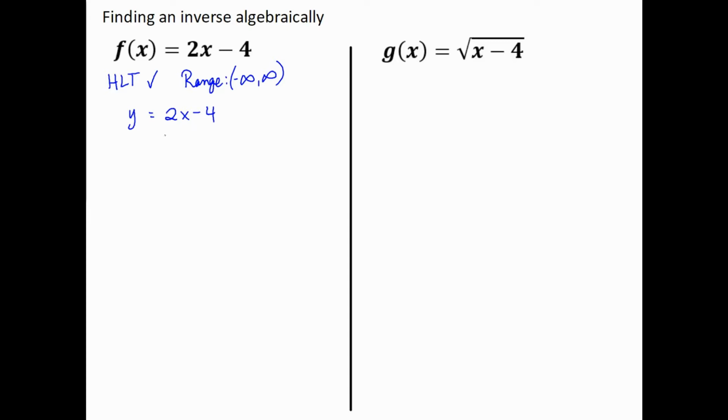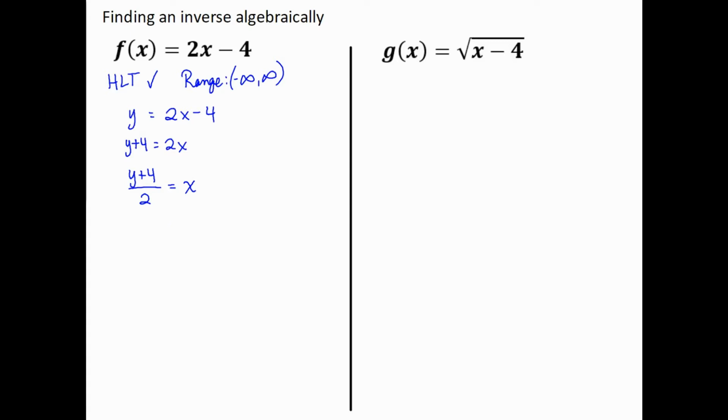If I want to solve for x, I'm going to add 4 to both sides and get 2x. And then from there, I'm going to divide by 2. So we'll get y plus 4 over 2 equal to x. So that itself is my inverse function.